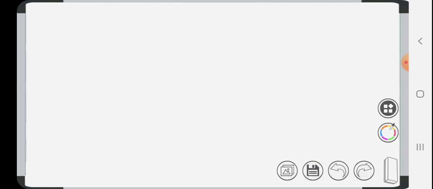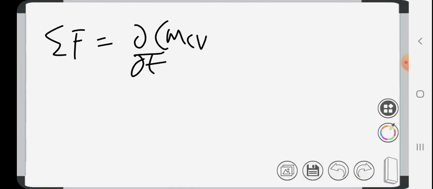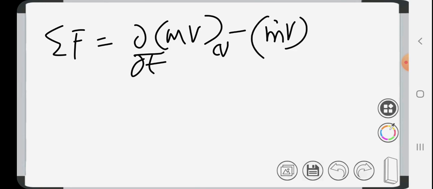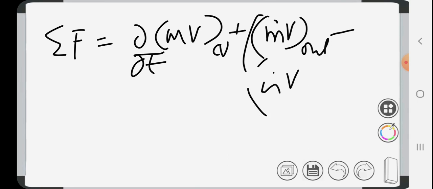Now our equation was sigma F equal to del by del t of (m v) of the control volume, minus m dot v out plus m dot v in, right?